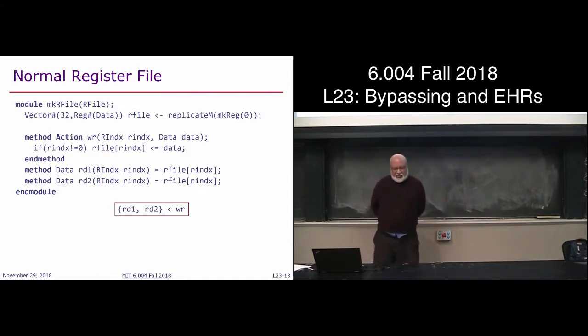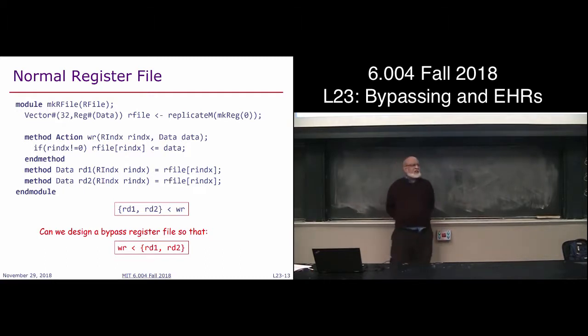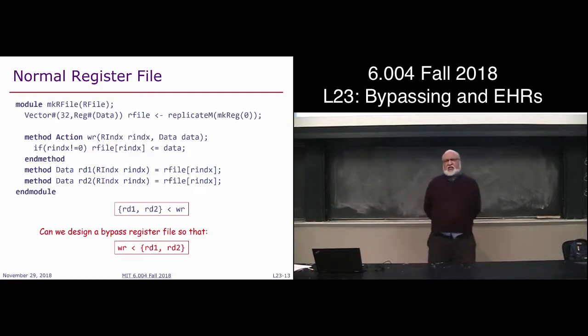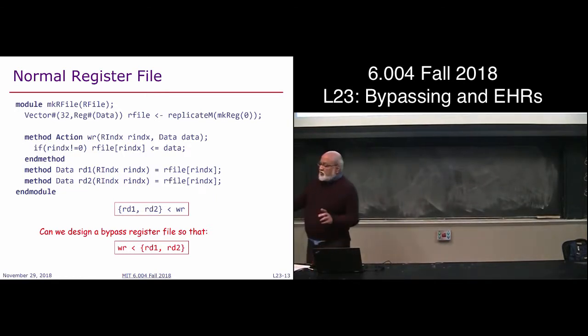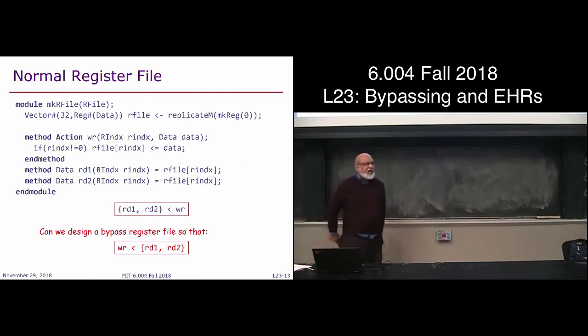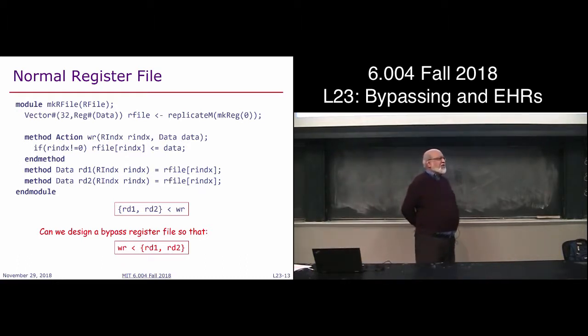And now suppose, can I make it into a bypass register file so that on my reads, if you were writing in the same register, I want to see that value. So that's the idea of a bypassed register file. So it should behave as if the write happened and then reads happened. It turns out to be a pretty useful thing that we use, right? So let's try to implement this.